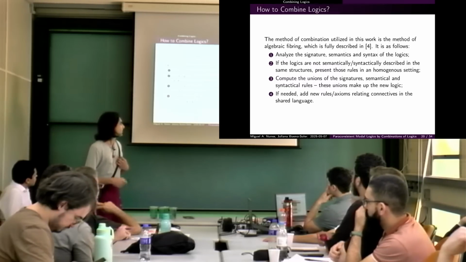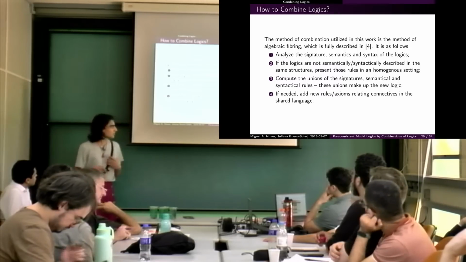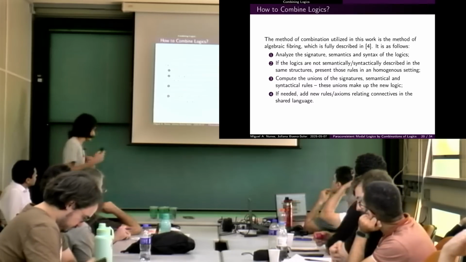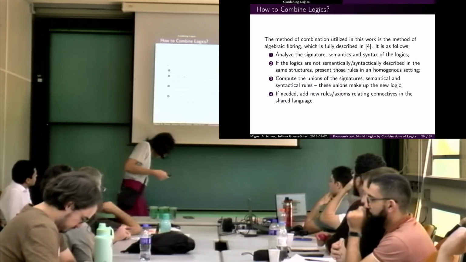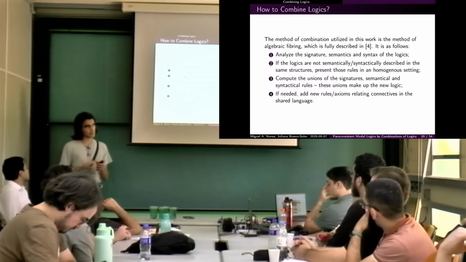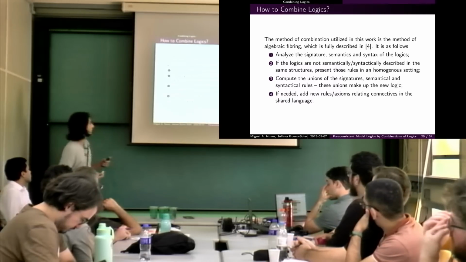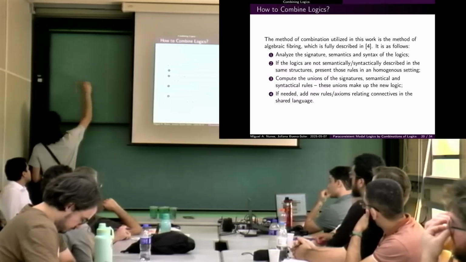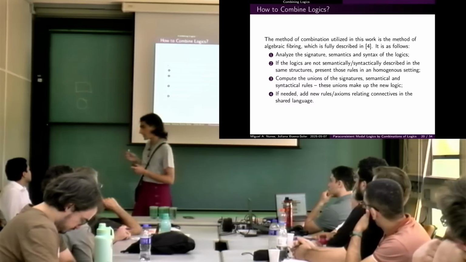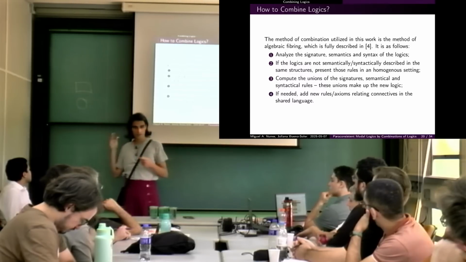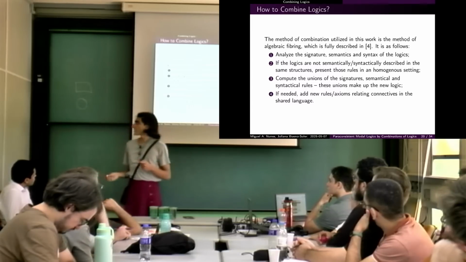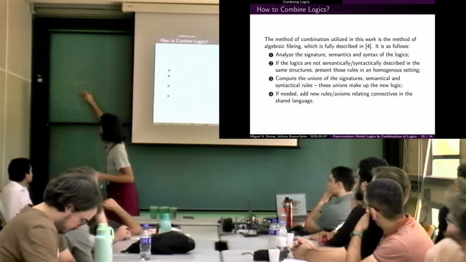And if necessary, we need to add new rules and axioms that relate the connectives in the shared language, because an interesting property of these methods is that by definition they don't give us explicit relations. For example, if I have modality and consistency in my logics, by combining the modal and paraconsistent logics, I will not get any axiom that relates this connective with that one.